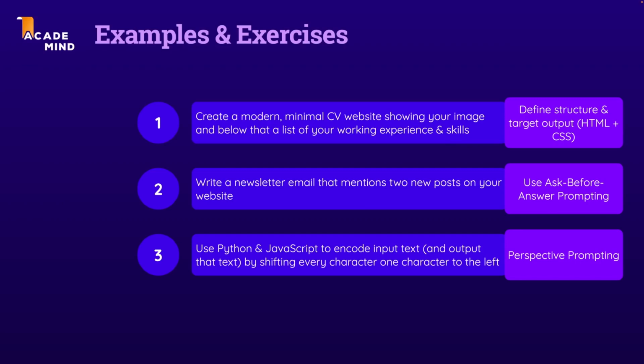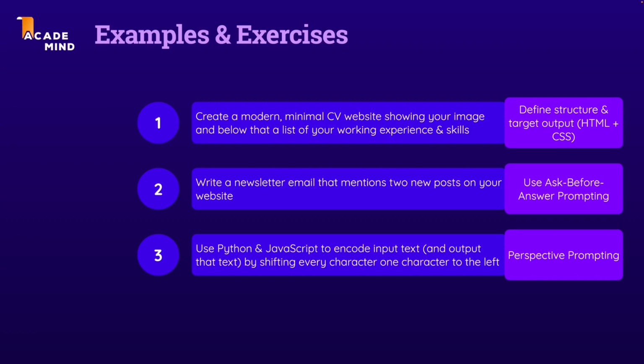So again, you should write such a prompt. And here I want you to use this ask before answer prompting technique to make sure that ChatGPT writes a better newsletter email than it might write without that technique being used.